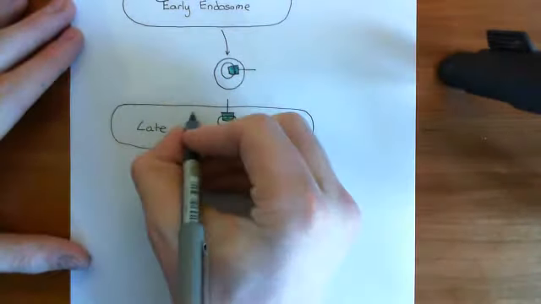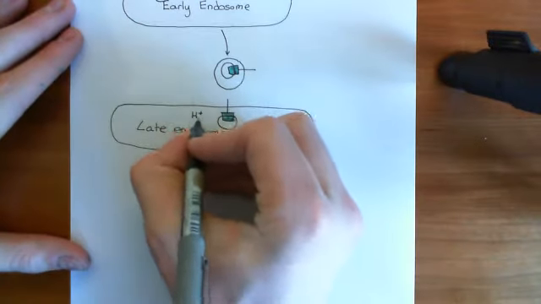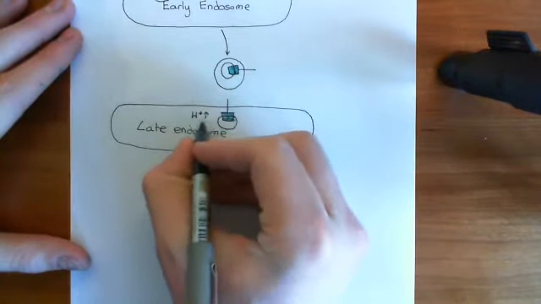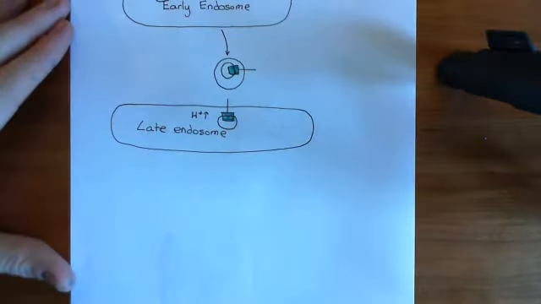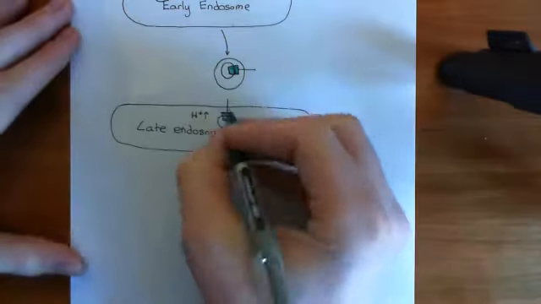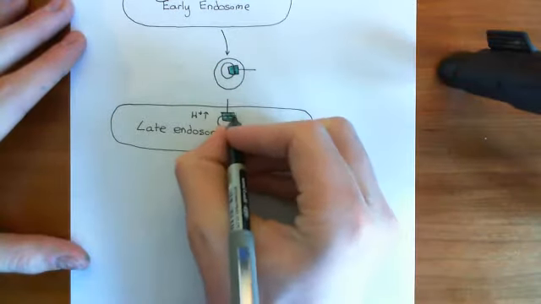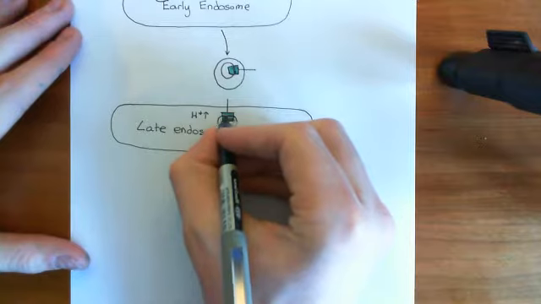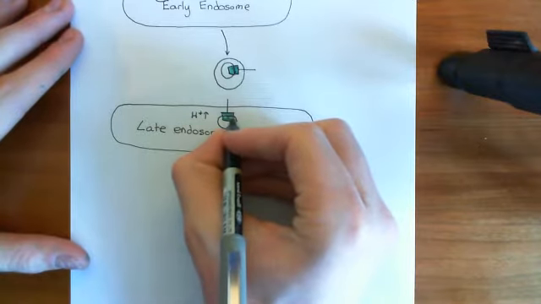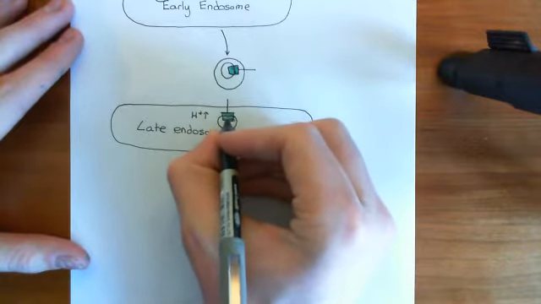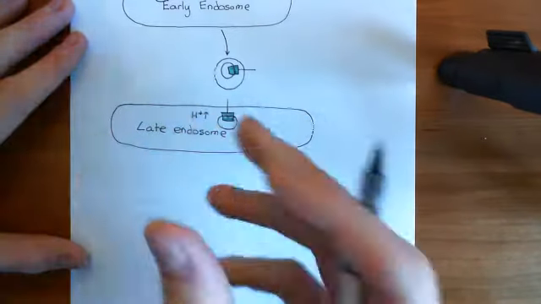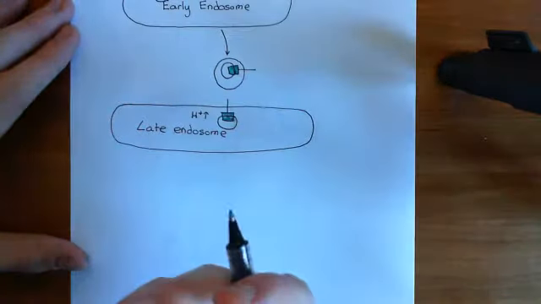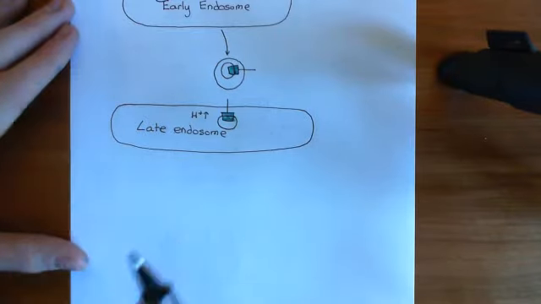Now, if we've got a very high proton concentration, so we've got a very low pH, remember, pH goes down as proton concentration goes up, because it's a negative log scale. Basically what's going to happen to those acidic residues on the ligand binding domain of the LDL receptor is that they're all going to get protonated. Remember, the acidic residues originally gave away their protons and got a negative charge when they became their conjugate bases.